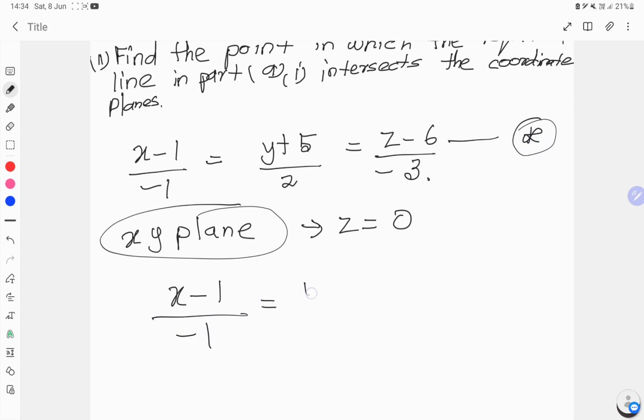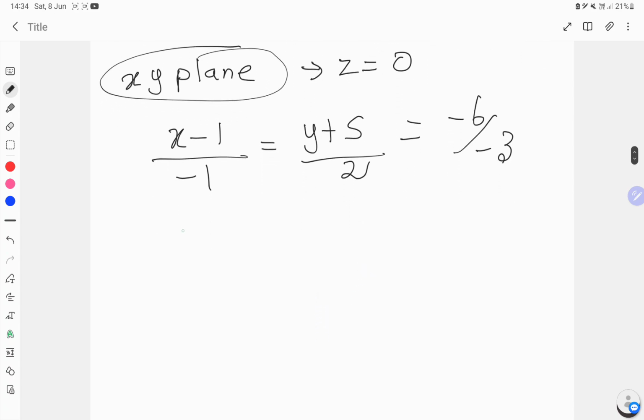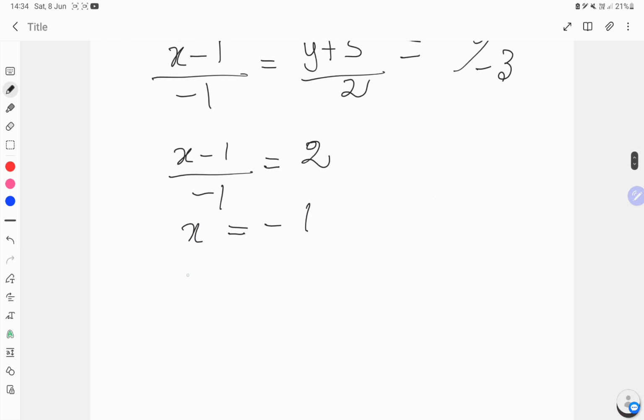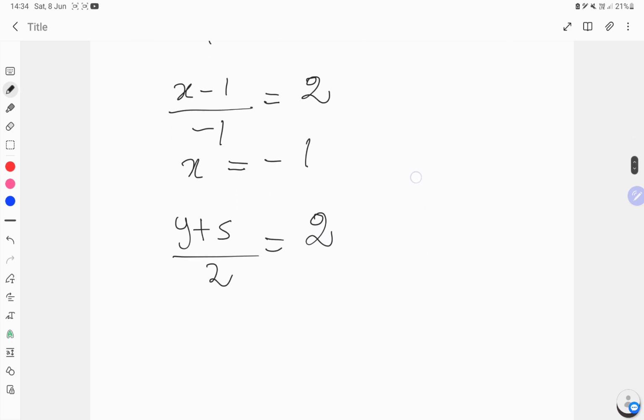Therefore x minus 1 over minus 1, y plus 5 over 2, minus 6 over minus 3. We separate x component and y component, right? Then this gives the 2. Therefore x equal minus 1. Likewise y plus 5 over 2 equal 2.